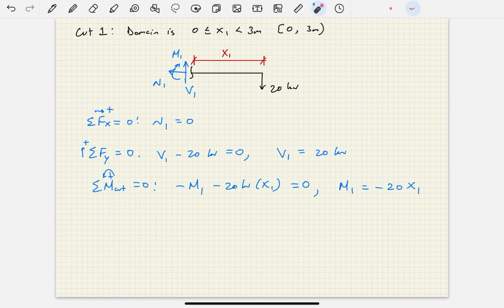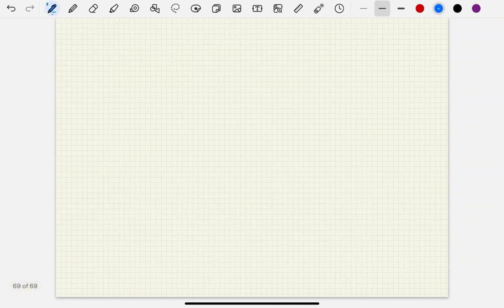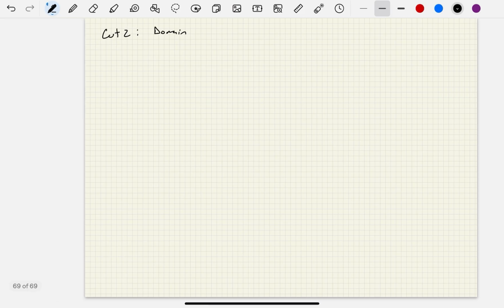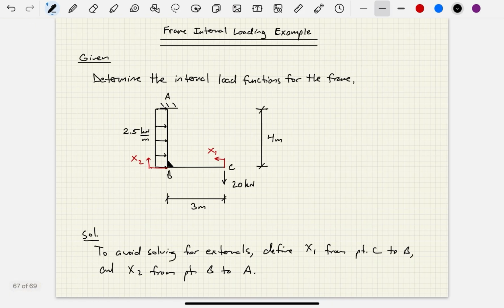Now, am I done? Nope, I've got to make cut 2 next. So I'm going to turn the page and say cut 2. Now, what is the domain of that variable x2? Well, looking back at the original drawing, x2 goes from B all the way up to, but not including, A. So that's from 0, this newly defined origin, up to 4 meters, but not including the 4 meters.